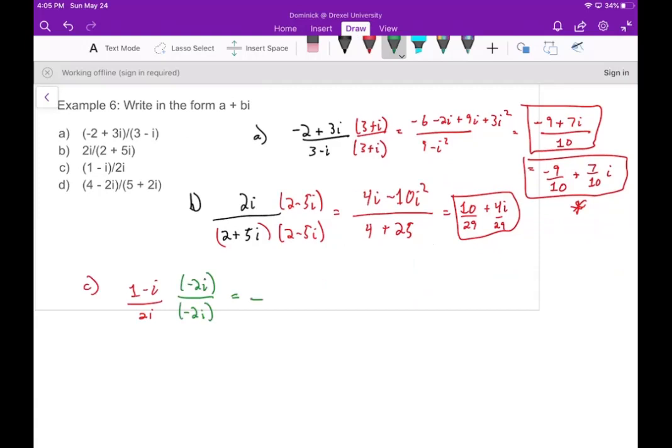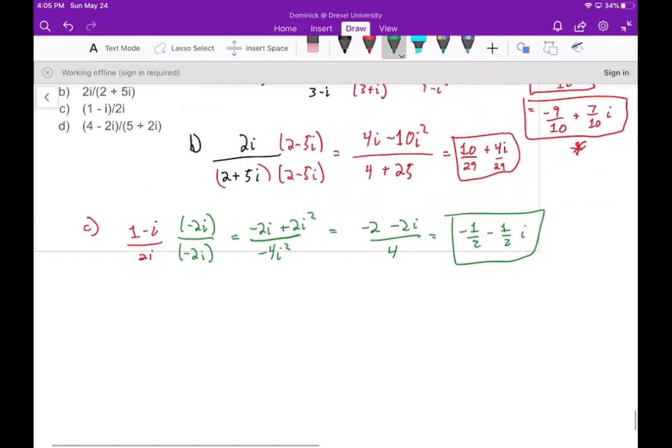And then here in the bottom, we're going to get a minus 4i squared. And then in the top, we'll get a negative 2i plus a 2i squared. So we get a negative 2 minus 2i over a positive 4. So we get a minus 1/2 minus 1/2 i once we simplify.